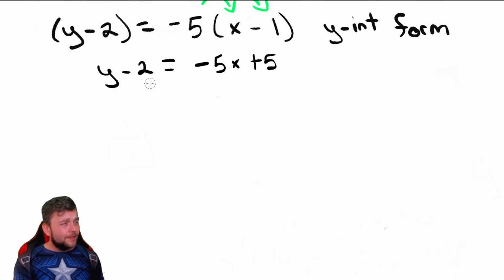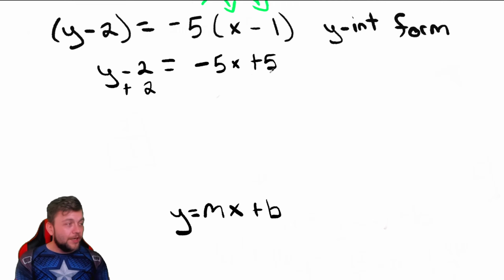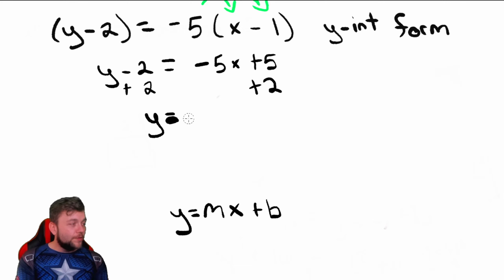So then we add 2 to both sides to get rid of that 2 on the right, because y-intercept form, we want it to look like y equals mx plus b. We add 2 to both sides, and we get y equals -5x plus 7. So we are in y-intercept form.